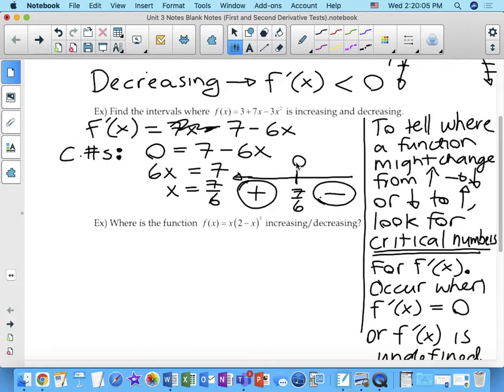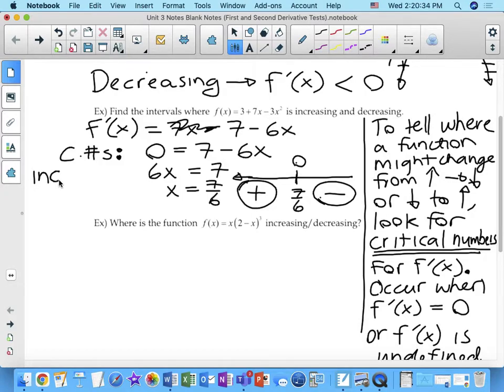So anything to the left of 7 over 6, when x is less than 7 over 6, the function is increasing because the derivative is positive. Anything to the right of 7 over 6, when x is greater than 7 over 6, the function's decreasing because the derivative's negative. Okay?